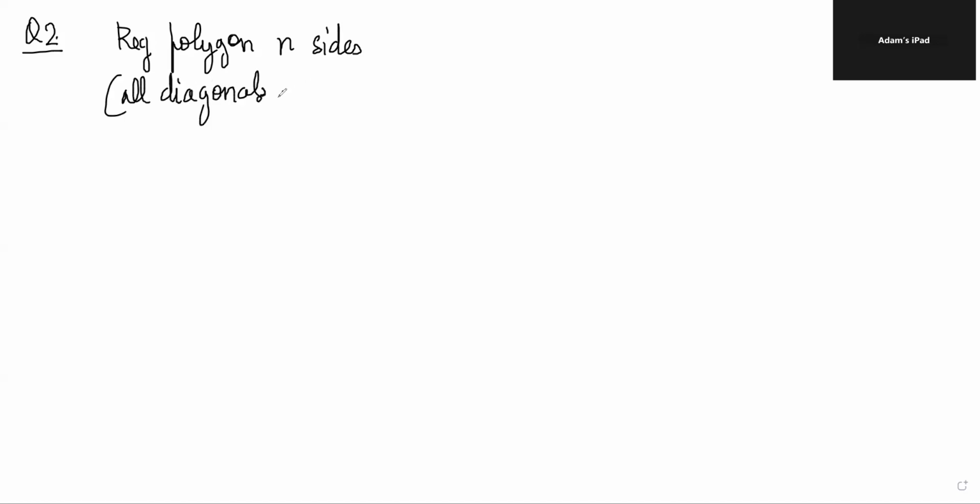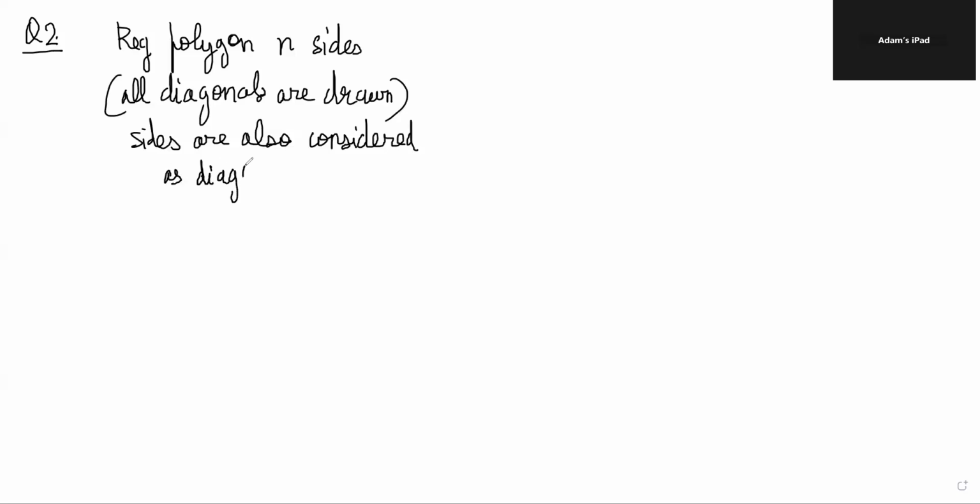By the way, he has mentioned in the question that you can even consider the sides of the polygon also as diagonals. Basically, any connection between any 2 points is counted, right? So the total number of connections in a regular polygon will be NC2, including the sides.